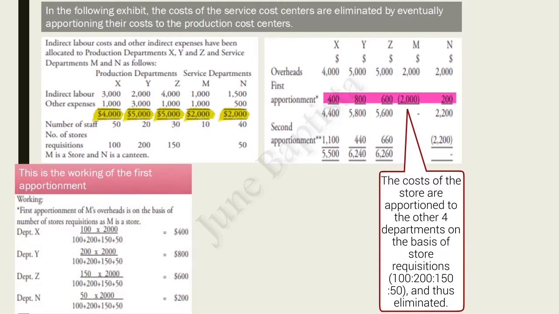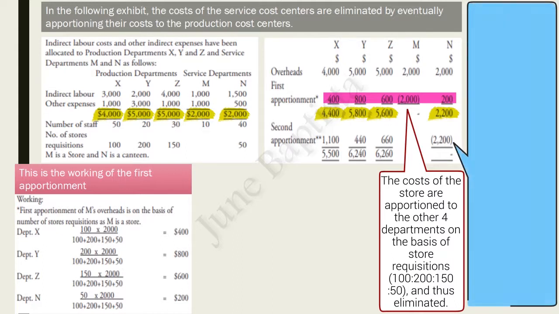Look at the working in the first box with the pink banner. The new apportioned costs are added to the old costs, and the sum is as follows. $4,400 for Department X, $5,800 Department Y, $5,600 Department Z, and $2,200 Service Department N.